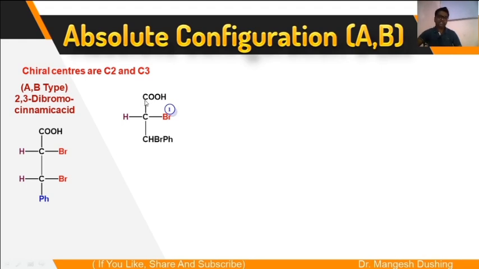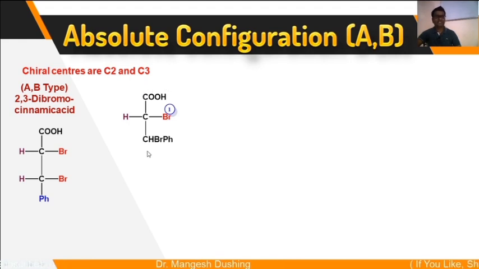Now the competition between this carbon and this carbon. Both carbons are same, then go for next 3 atoms. So this is COOH. Already we saw in the last PPT, the COOH means C double bond O, OH. So you have to consider this double bond O as twice O and this is single bonded O. So there are oxygen, oxygen, oxygen. These are the next 3 atoms.